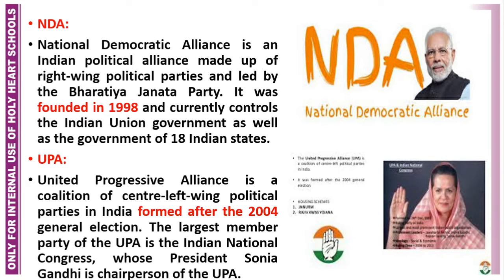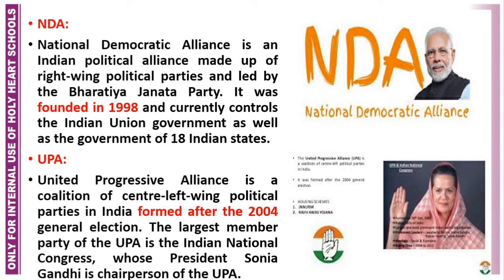So you see, NDA is a coalition government. In this coalition, the main leading party is the Bharatiya Janata Party. Today, it is ruling over the Union Parliament and it is also in majority in 18 Indian states. Out of a total of 28 states, it is working in 18 states of India.